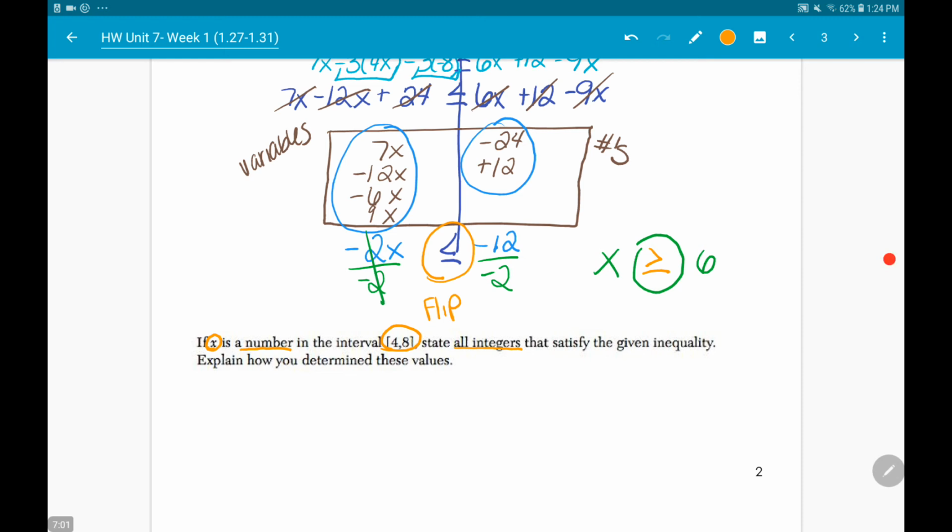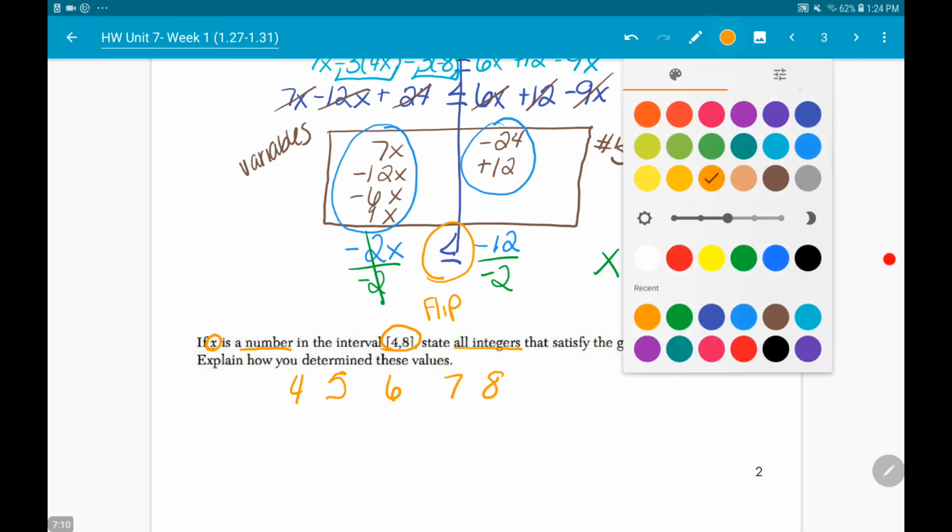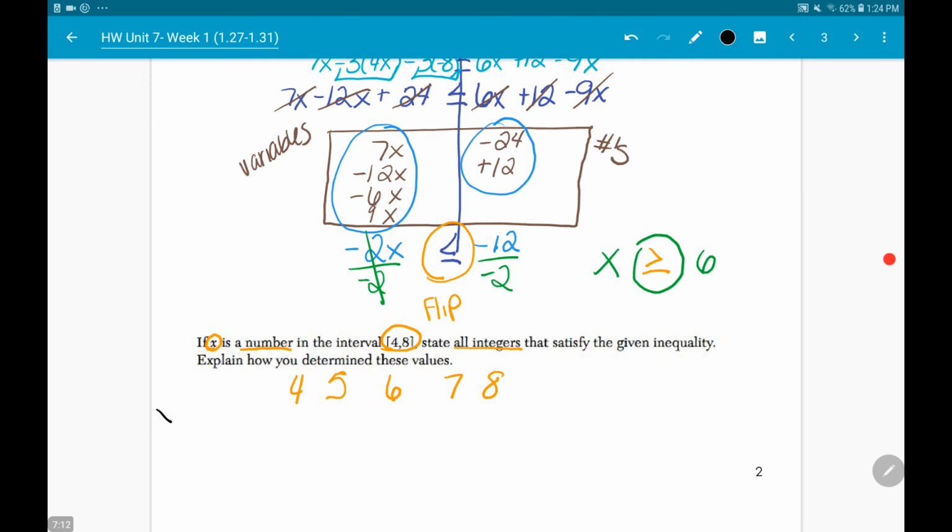Interval 4 through 8, so let's write those out: 4, 5, 6, 7, 8. Our inequality says that x has to be greater than or equal to 6. So here is 6, and all numbers greater than or equal to it.